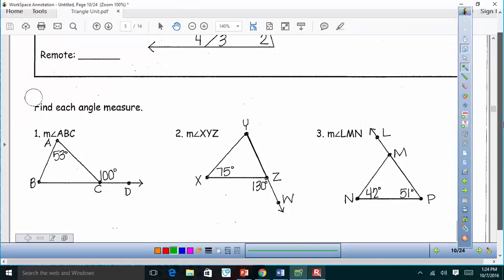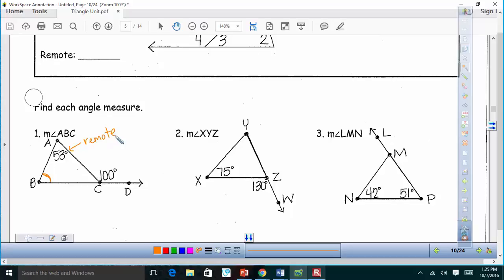So looking at number 1 on your note sheet, they want us to find angle ABC. So ABC would be this angle right here. 53. What type angle is 53? Remote. What type angle is B? B is exterior. It's remote. And then angle ACD right here is exterior.